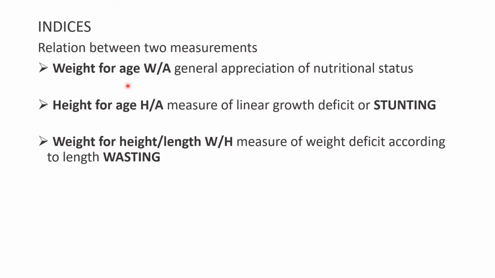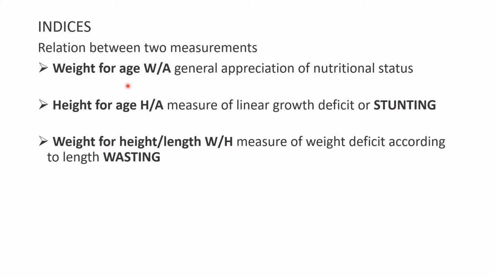Or if we take the weight of a 1 year old baby, if it is less than 7 or 7.5 kgs, it is considered poor nutritional status, because the baby's weight increases three times in its first year.